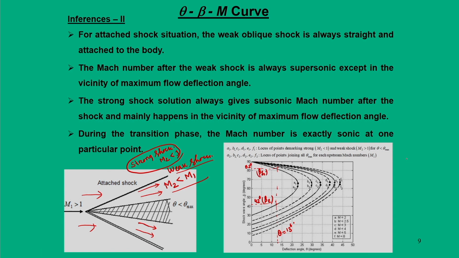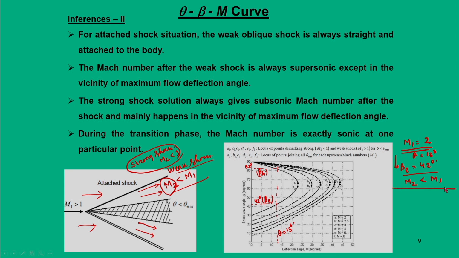If I choose beta lower, which is 42 degrees, with M1 already taken as 2 and theta 13 degrees, then we have M2 which is less than M1.